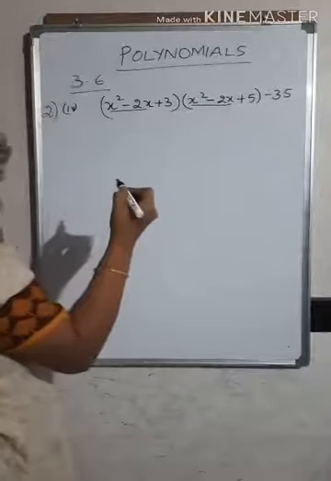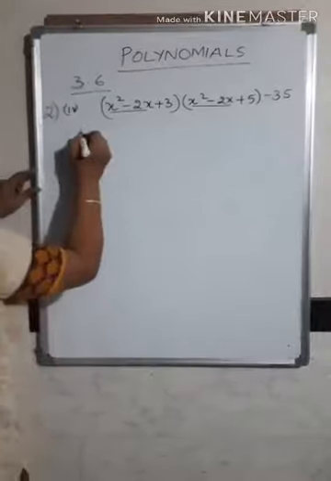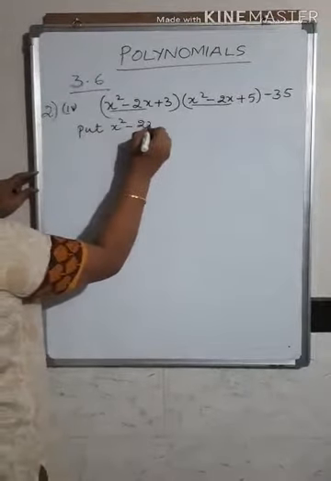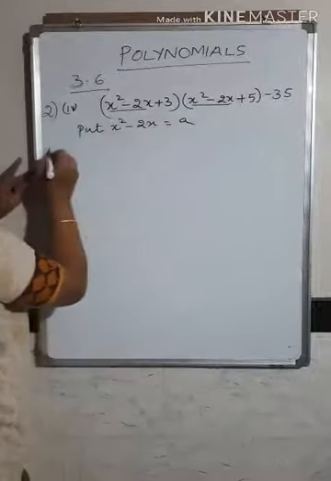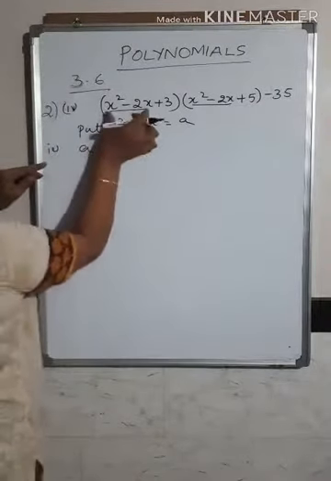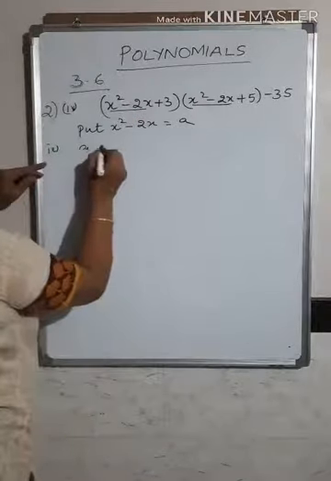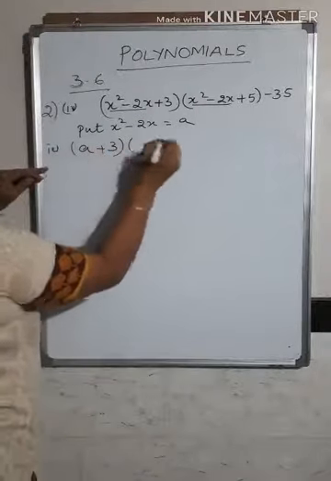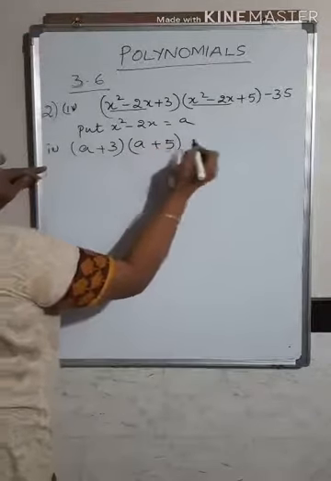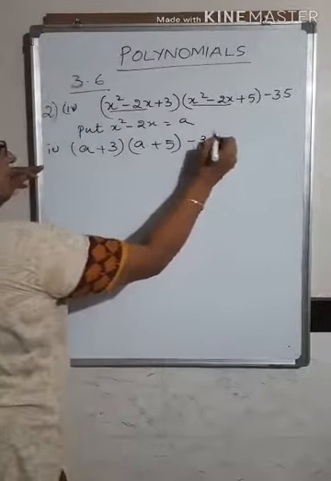So that same term you replace by another variable. So you are going to put the value of x square minus 2x equal to a. So this expression will reduce to, in place of this you are writing (a plus 3) and put the bracket, and this one will become (a plus 5), close the bracket and write this minus 35 as it is.